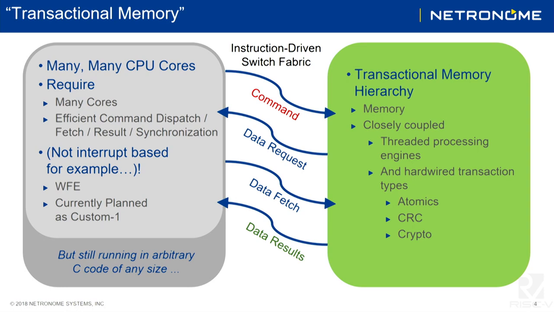There are several examples of operations that this works well with. Fire and forget. What do I mean by that? A command that you can issue to the memory that you don't want a response back. Several applications work well for this. In networking, we have to keep track of statistics about the packets, the system, and other things, which require multiple semaphores or atomic operations to be performed on the memory structure.